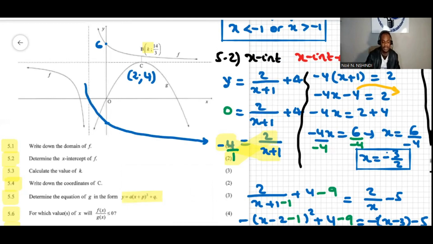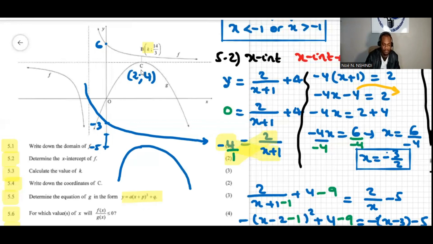And then the parabola is also shifted 9 units downwards. Remember, the highest point for the parabola is 4. So if we minus 9, it must be somewhere like negative 5. So the parabola will be something like this.